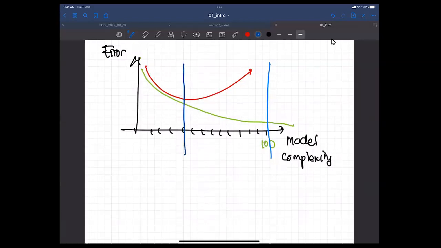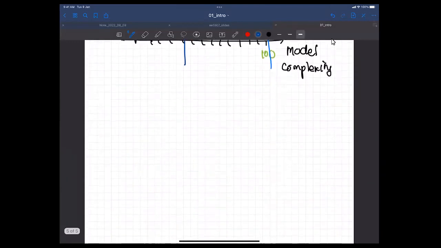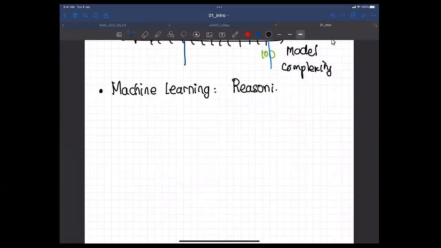Any other questions? Again, this is just a review of the basic stuff here. Now, in machine learning or pattern recognition, you have to keep this in mind because it's really important. People always forget about this, even the experts. Machine learning follows some very basic reasoning.